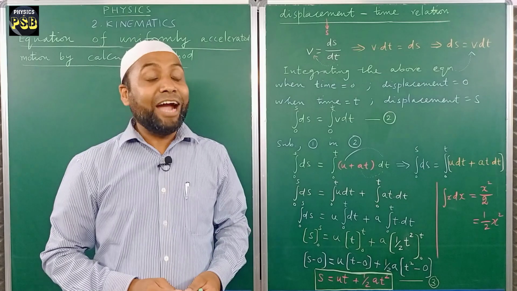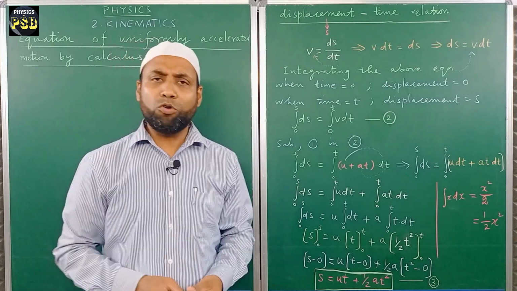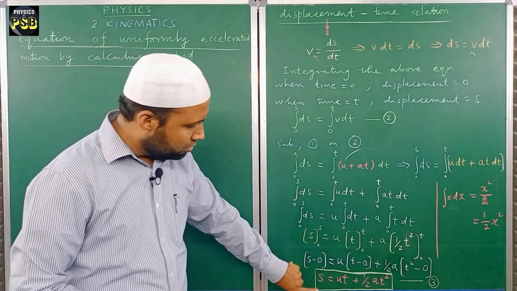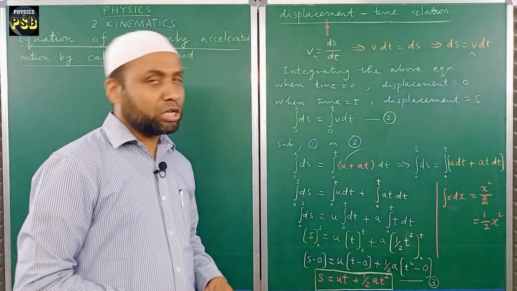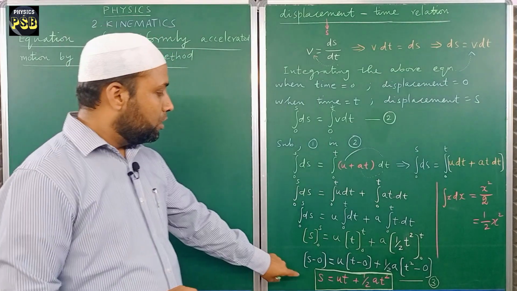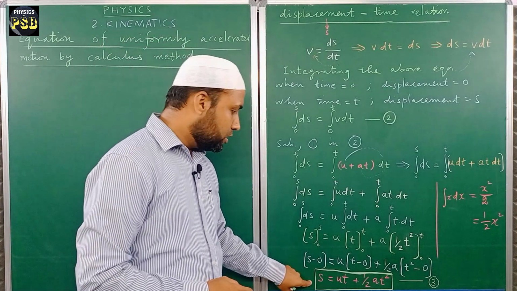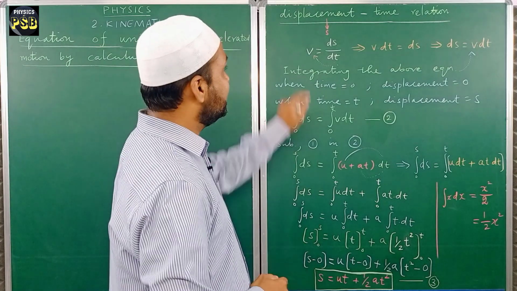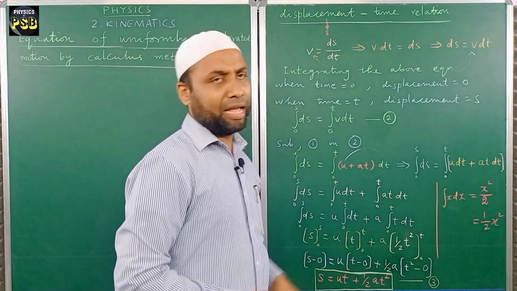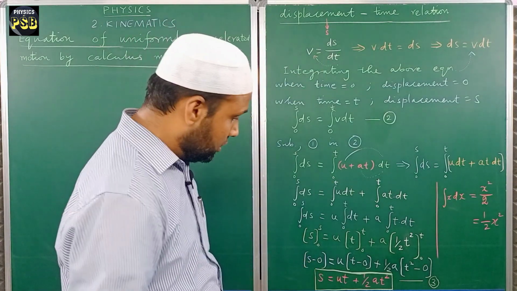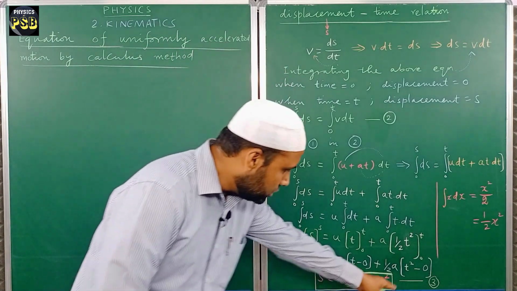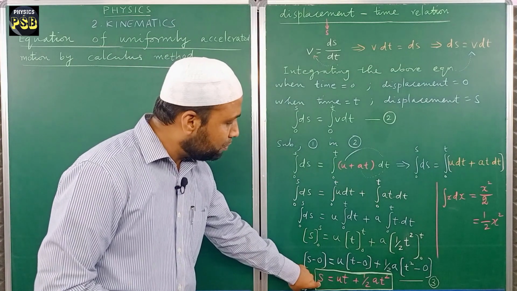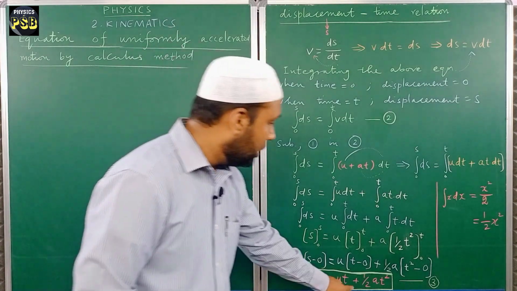Now we will derive the third equation of motion. Before doing so, let me provide you some information about this second equation of motion. Here, we call this one an equation which relates displacement and time. Why is it so? The reason is, if you look at here carefully, this equation gives us displacement, and displacement here is related with time.